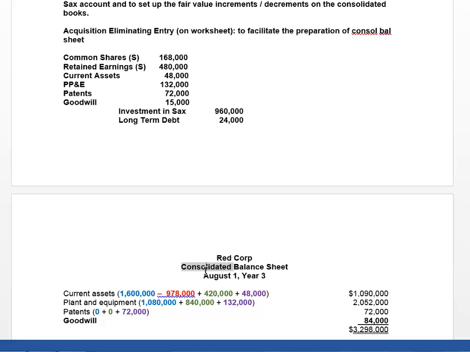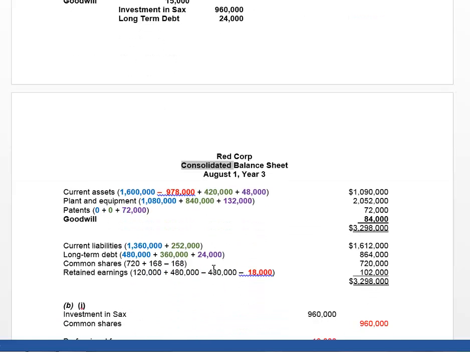And because I'm doing a consolidated balance sheet, none of the carrying value of Saks on their books includes that 480. On the consolidated books, the shareholders of Red are not interested in the retained earnings of Saks. They're interested in the retained earnings of Red, which is this one. So again, this kind of flunks out to 0, so that's why I don't include it. Same thing here. This one flunks out to 0, so we don't include it.